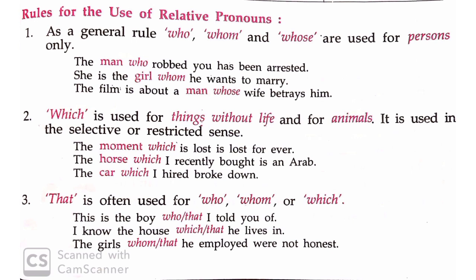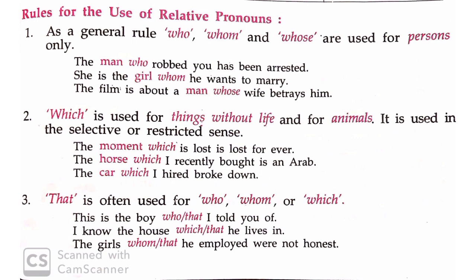Coming to the third one, that is often used for who, whom and which. For example, this is the boy who I told you of, or that I told you of. Both you can write.